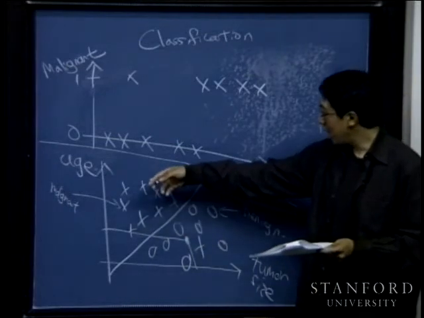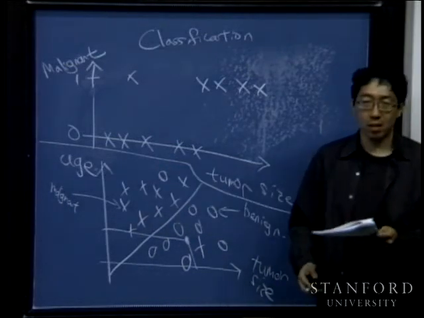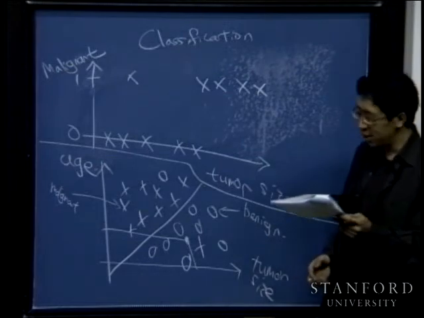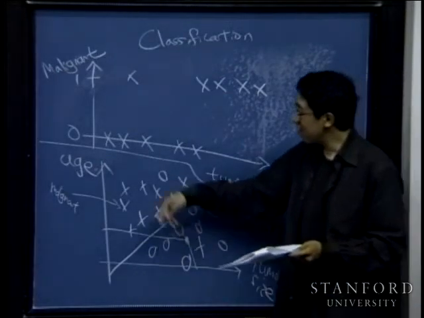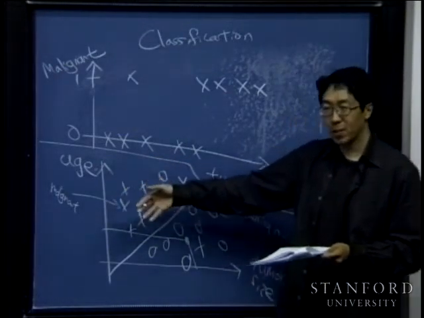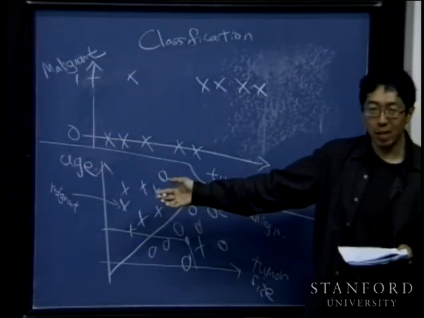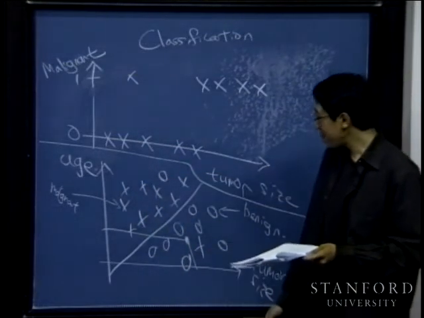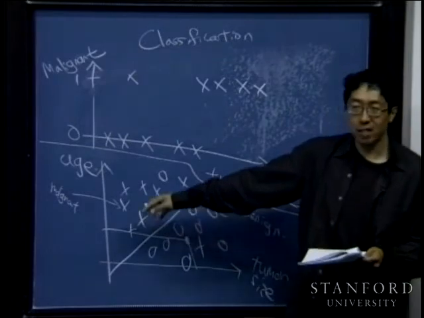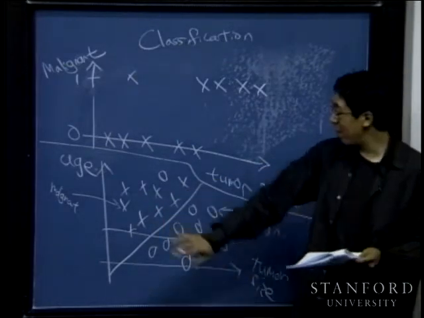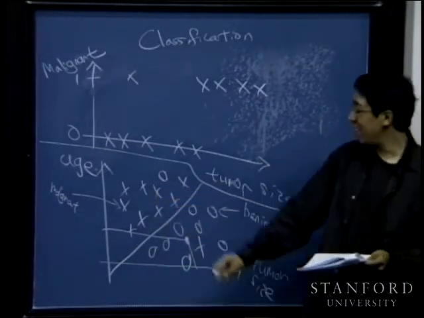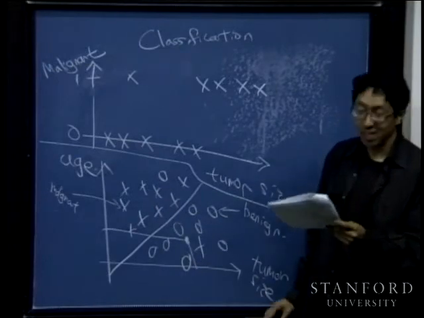And one of the most interesting things we'll talk about later this quarter is what if your data doesn't lie in a two-dimensional or three-dimensional or even a finite dimensional space? What if your data actually lies in an infinite dimensional space? Right? I plotted here a two-dimensional space. I can't plot here an infinite dimensional space, right?